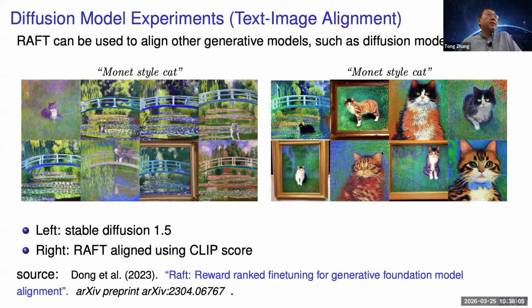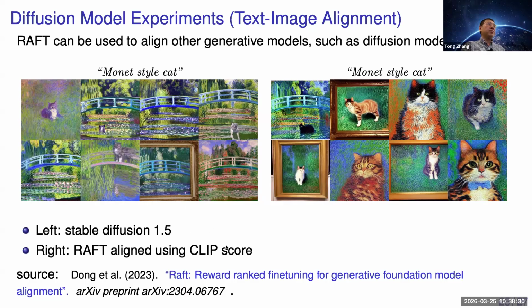So you can do Raft alignment using the so-called CLIP score. We will talk about it in part 3, which covers scores. You can treat that as a reward model to measure how well the text and the image align. Is this text and image aligned or not?